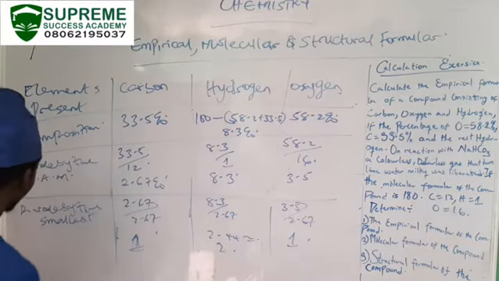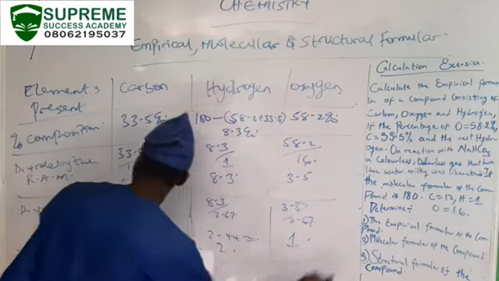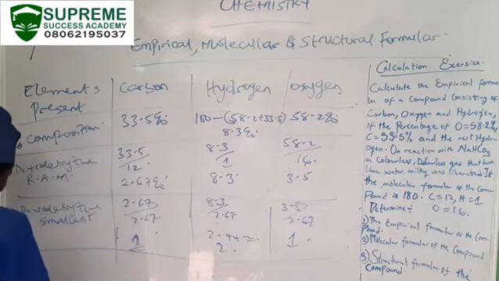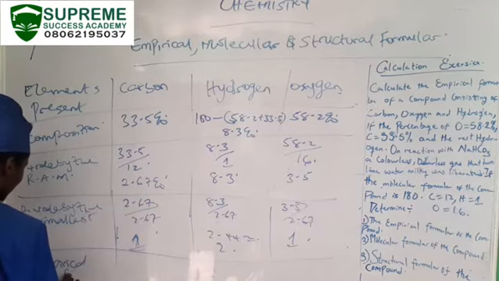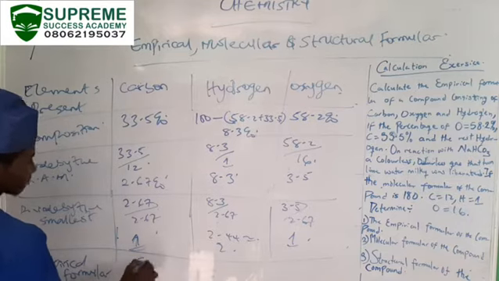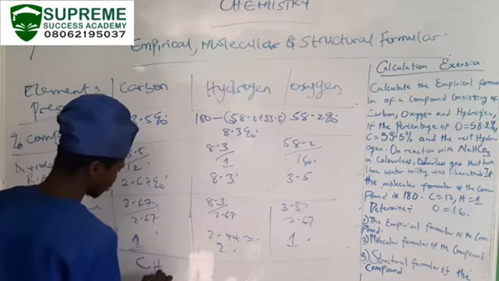By looking at this, the next thing to do is to write the empirical formula. What is the empirical formula? Carbon is 1, that's C. Hydrogen is 2, H2.